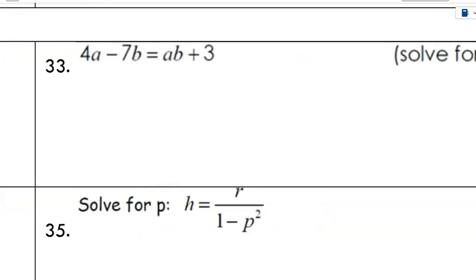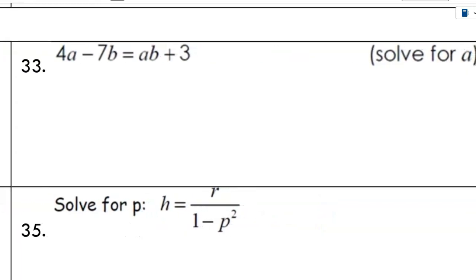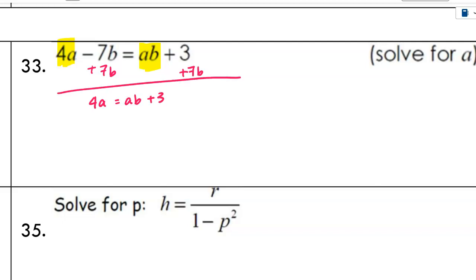Okay, let's take a look at this one. It says solve for a. Notice that there is a here in this term, a here on this term. So the first thing you need to do is collect all the a terms and put them on one side, and all the terms that don't have the a's, put it on the other side. So I'm going to add 7b on both sides, and I get 4a equals ab plus 3 plus 7b.